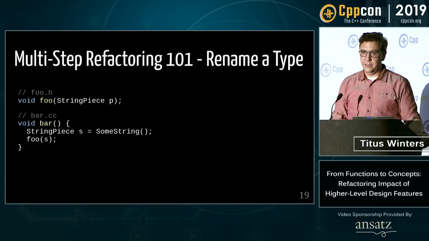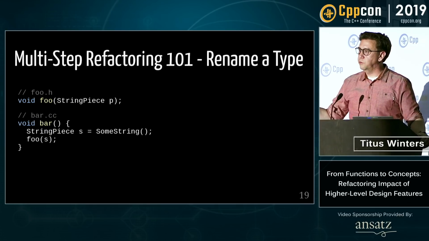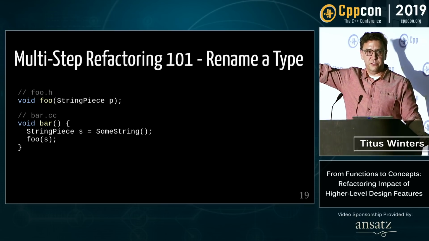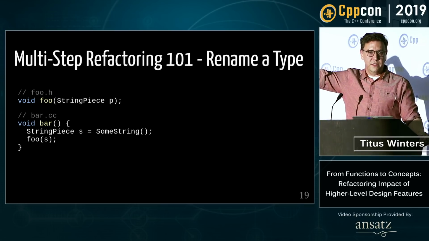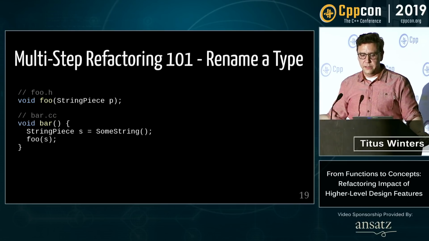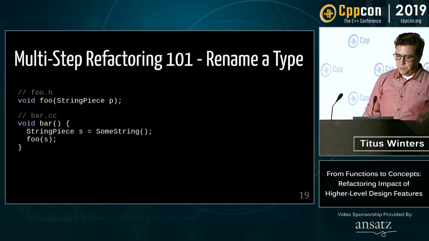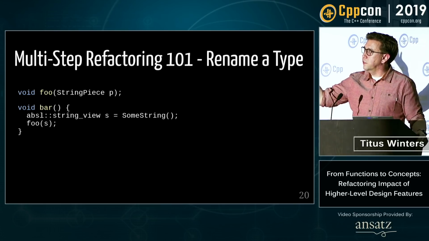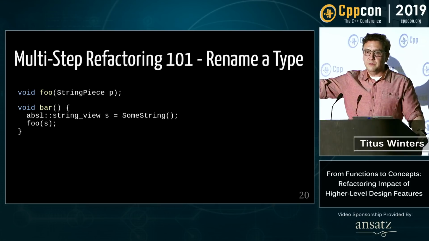I would like it if whatever strategy, whatever refactoring plan I have, I could replace string piece with string view in either of these first or both of them at the same time, right? That's going to be a much easier refactoring. But if I do this naively and just touch bar first, this is not going to work because those are two completely different classes, right?